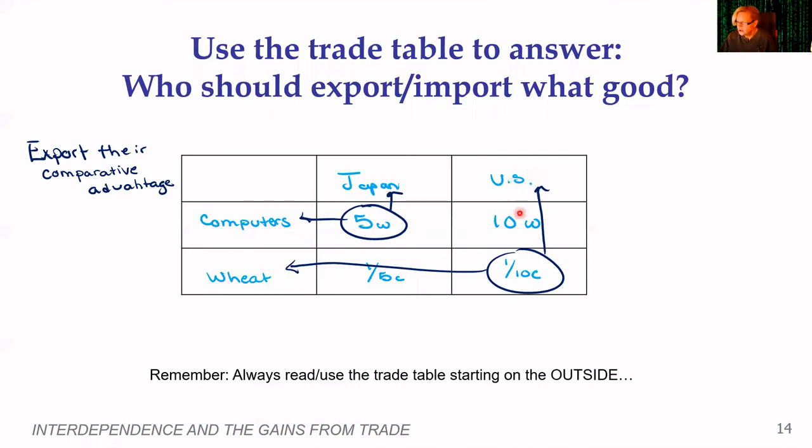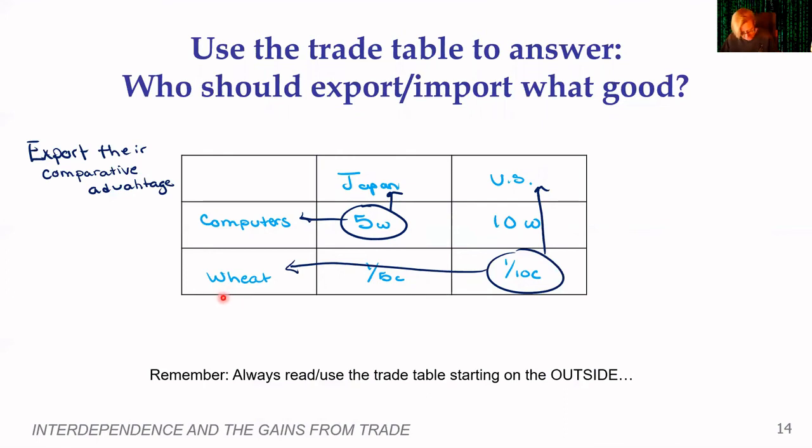The US should export wheat. So Japan is going to send computers to the US, and the US is going to send wheat to Japan. Export meaning sell it.